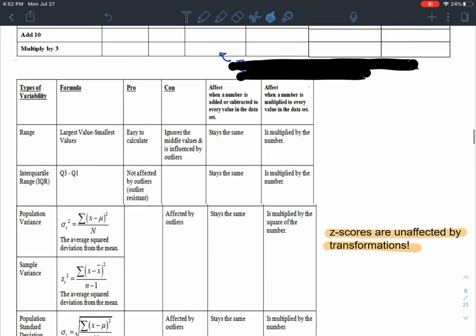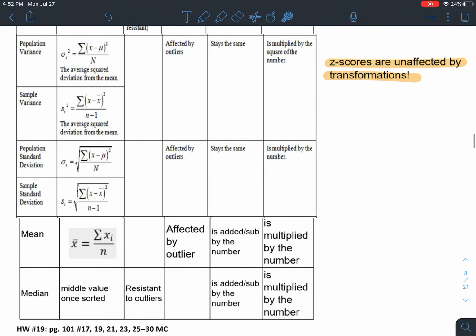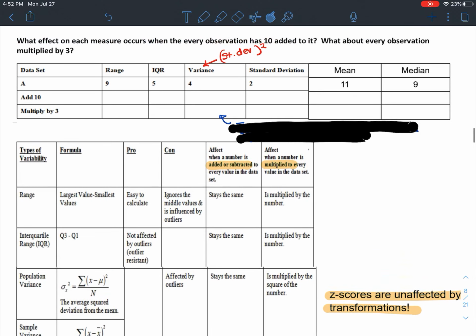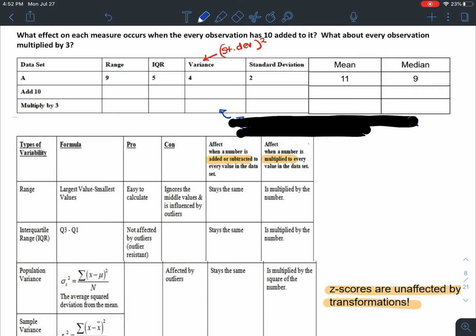On this last page, I just want to talk through the top of this. The bottom of this is a nice summary that walks through your measures of spread, and at the bottom here we have your measures of center. It tells you the pros, cons, formula, and what's affected and not affected by addition or subtraction versus multiplication or division.